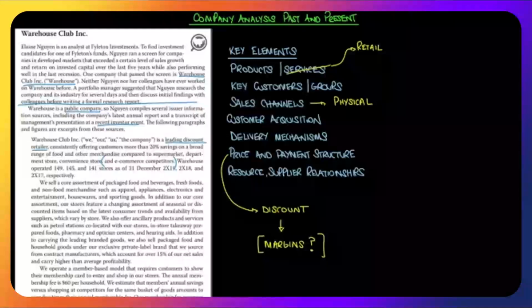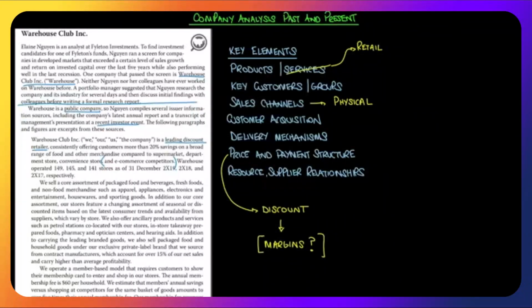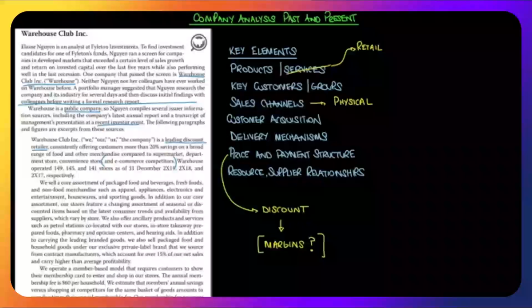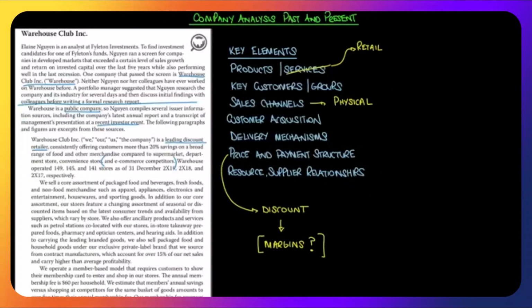Now, I'm sure, particularly post-pandemic, that they have channels for you to order online and pick up, but that suggests to me an e-commerce competitor, they don't sell exclusively online. Warehouse operated 149, 145, 141 stores. Yep, physical locations. In 2019, 2018, 2017 respectively, so the number of stores is going up.